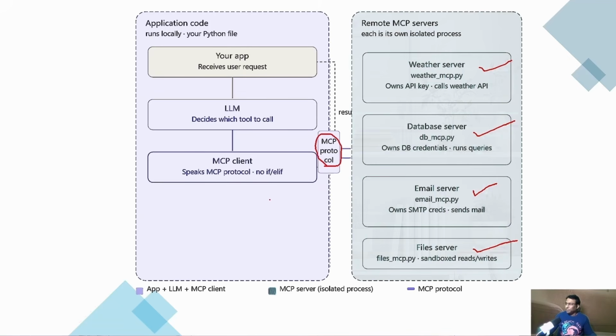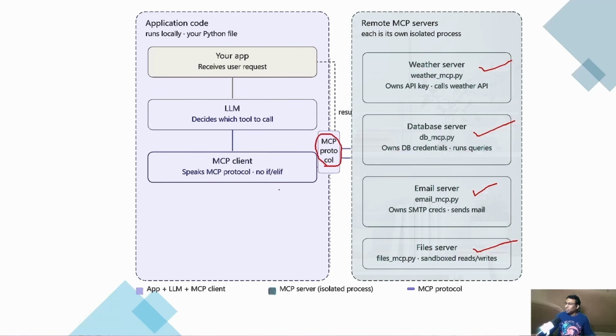With this decoupled architecture, the advantages are better modularity. What it means is if you want to add more tools, you can easily add them in this MCP architecture. Another advantage is no hard coded logic.